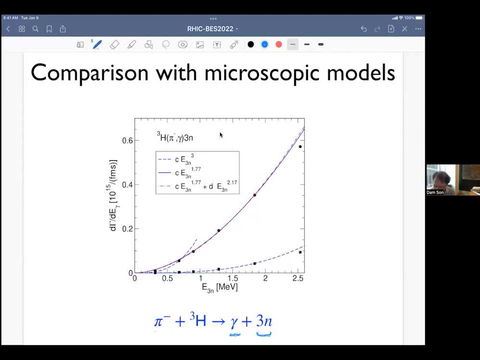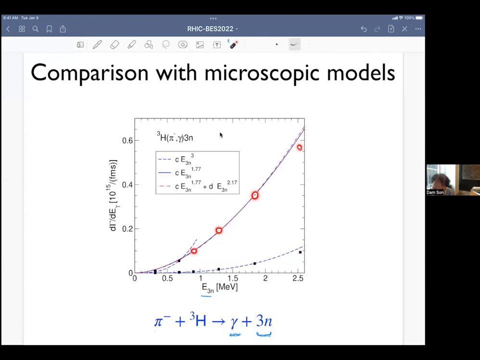And here we plot the result of certain model calculations, microscopic but realistic calculations of these reactions. This is the rate as a function of the energy of the 3 neutrons in their center of mass frame. Just note this point.